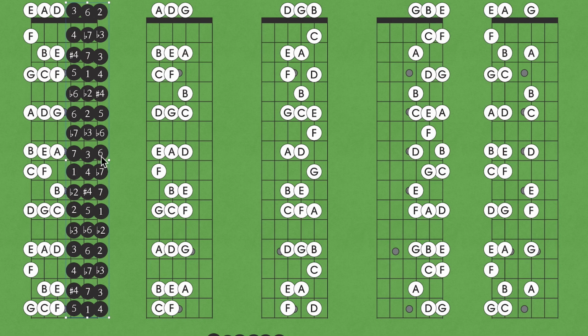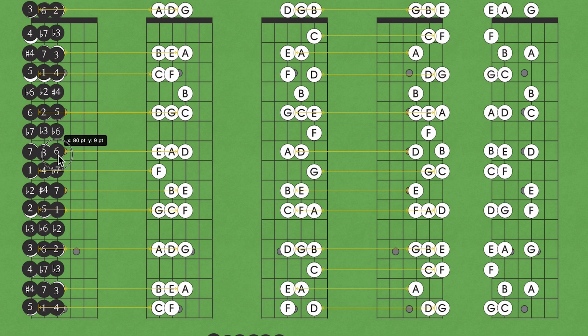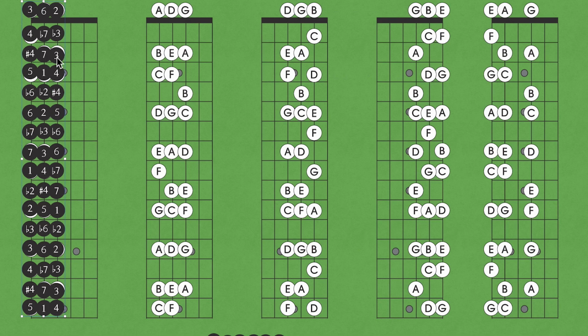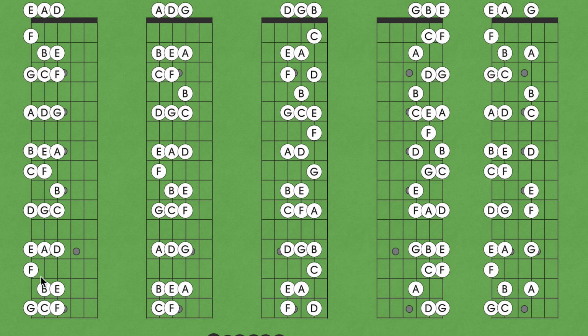Using scale degrees to figure out your intervals is helpful with that. We can also see if C is the 1, we have the 5 and the 1 right here. So on these 3 strings, we can use them for power chords, or we can build triads off it, like C, E, and G, and so on and so forth.